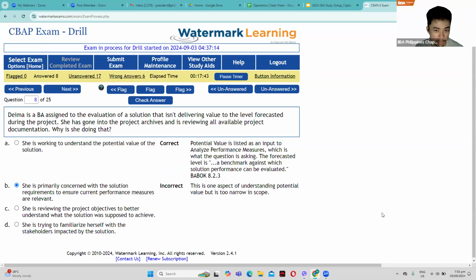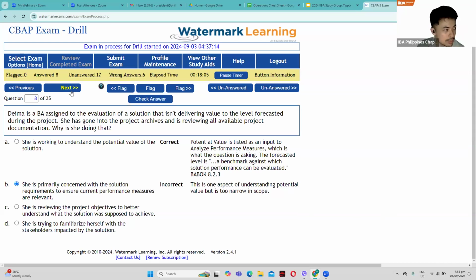So letter A is more encompassing. Potential value is listed as an input to analyze performance measures, which is what the question is asking. The forecasted level is a benchmark against which solution performance can be evaluated. Okay, hope that makes sense.